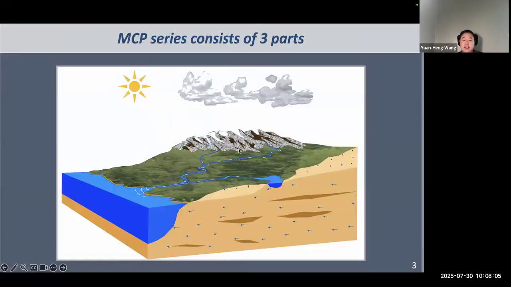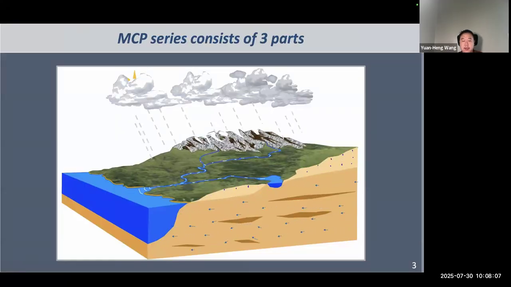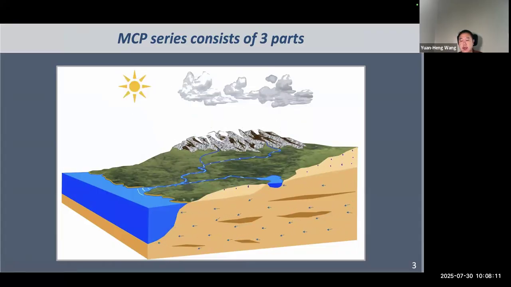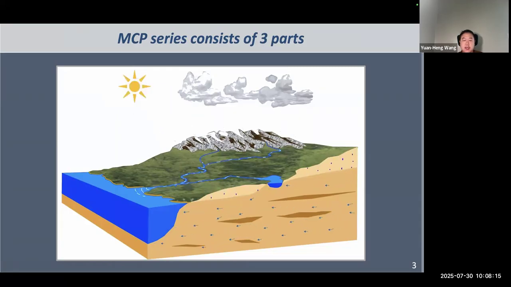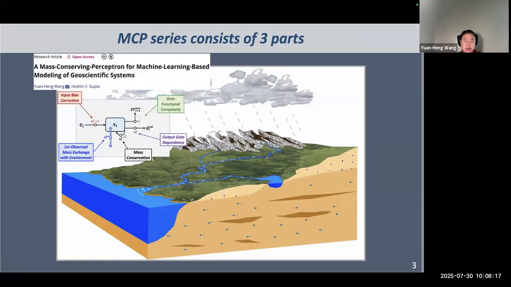In this MCP series of papers, we test the MCP at the Leaf River as a proof of concept in the context of rainfall runoff modeling. There are three parts to these efforts.